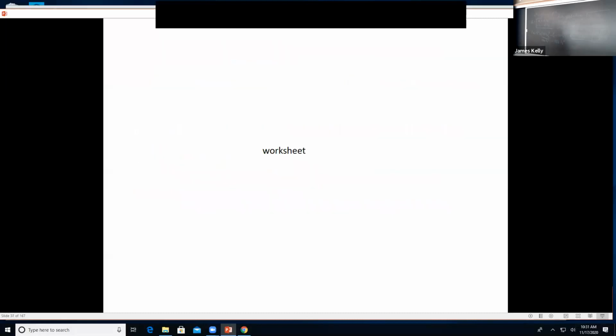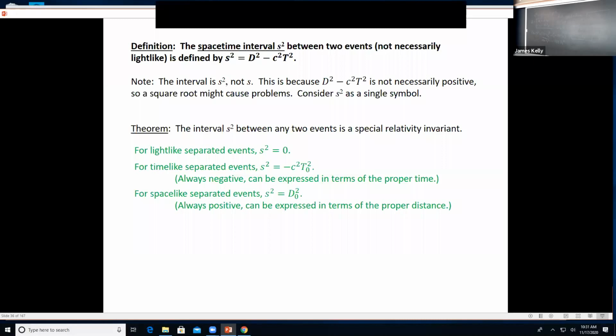Okay, good. We're not supposed to do a worksheet now, but this is just to remind me to mention, using this, for those two events, we knew the two events on the worksheet were time-like separated because by definition, a spaceship traveled between the two events, right? It was spaceship left and spaceship arrived. So that frame of the spaceship was there.